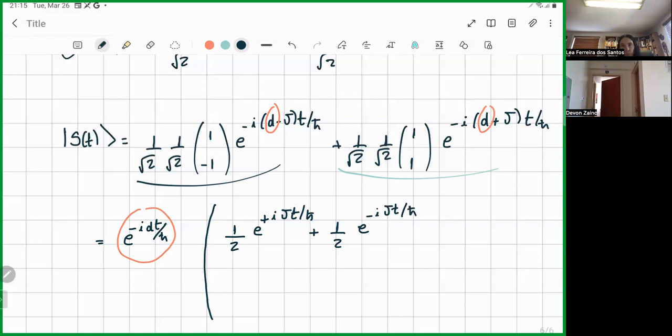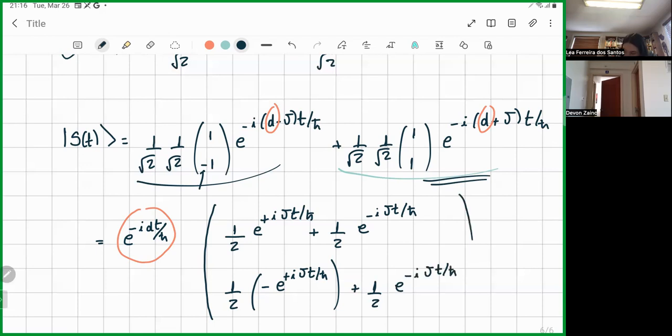Okay, so this is the top element. The element at the bottom is again 1/2, but now careful, we have this minus sign. So I'm going to put here minus, plus i J t over h bar. And then the second term is positive, and I have minus i J t over h bar.